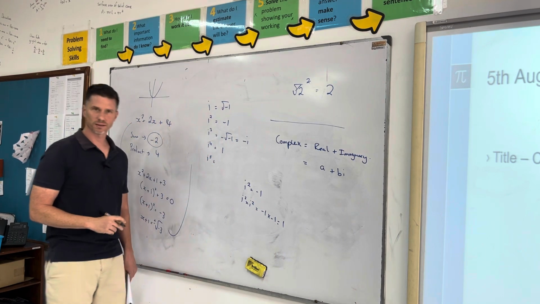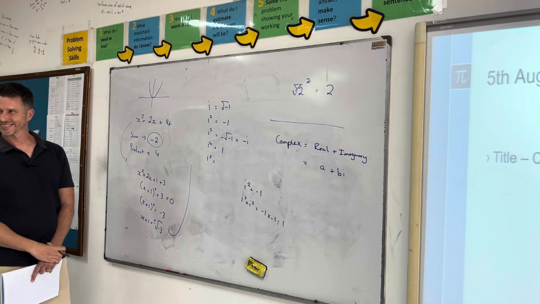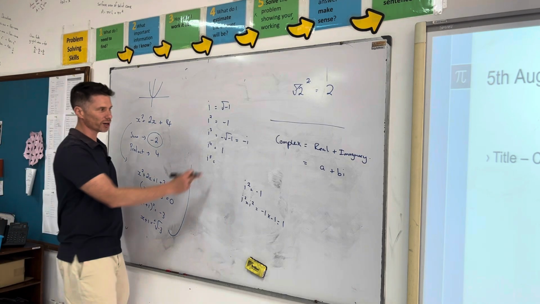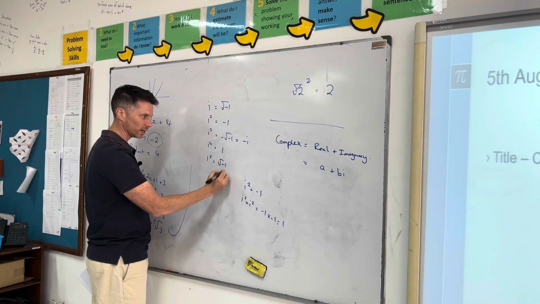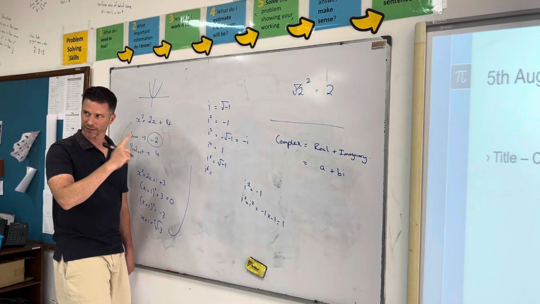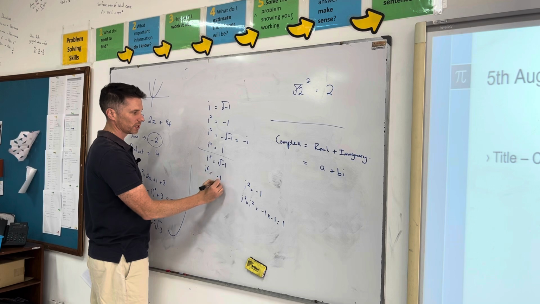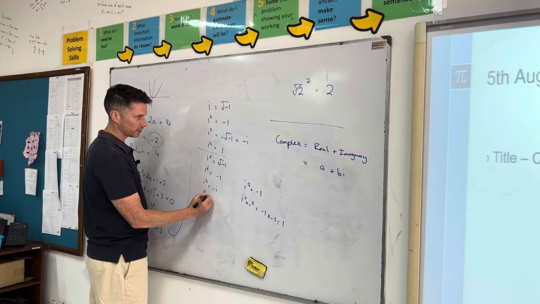i to the 5. It's i. Yes, because if you're starting off with 1 again, and you're multiplying it by i, you end up with i again. And then it keeps going in this 4-stage cycle. So every 4, it repeats. So i to the 6 is -1, i to the 7 is -i, and i to the 8 then is 1.